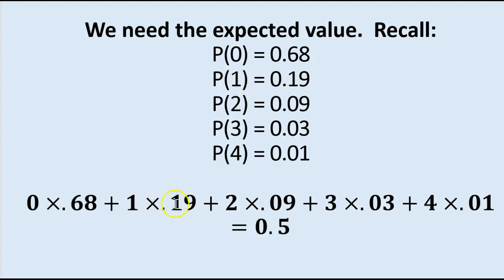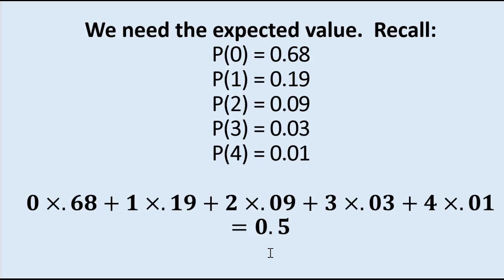That gives us our value here. Continuing, notice that we're taking each value and multiplying it by its probability. Doing so gives us 0.5. So the supervisor is wrong. The expected number of houses to be sold in a month is 0.5, not 2.